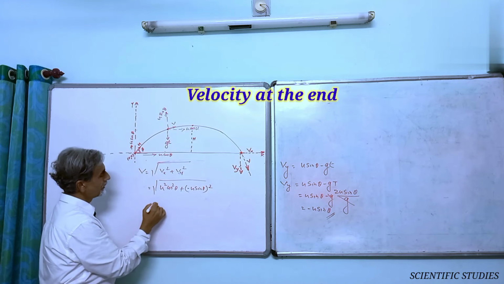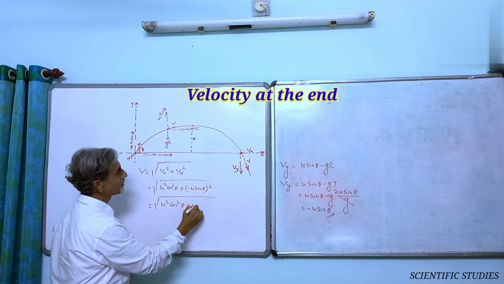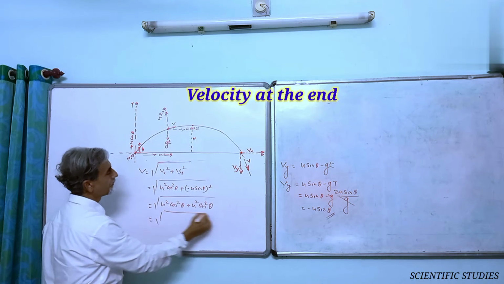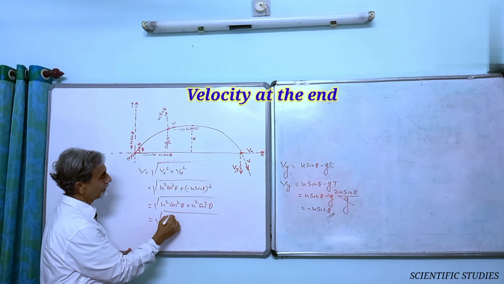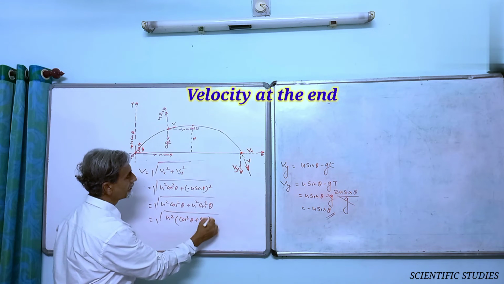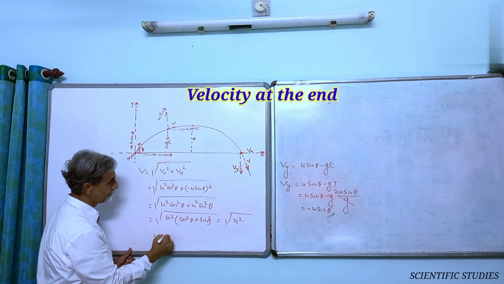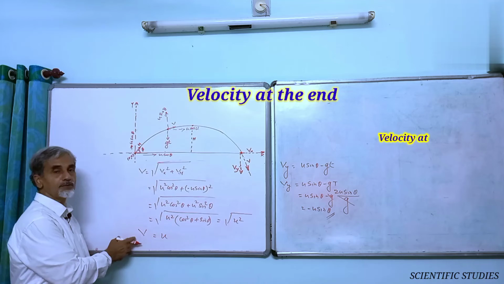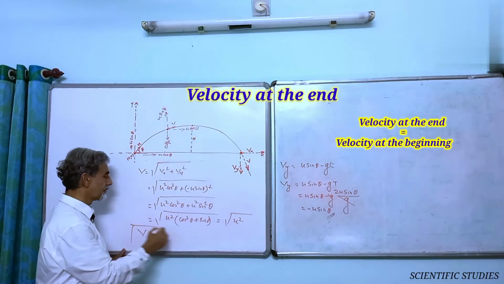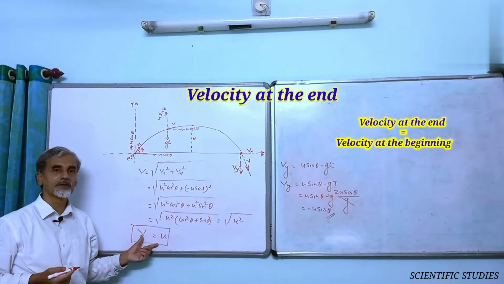That is equal to root of u square cos square theta plus u square sin square theta, that is equal to root of u square into cos square theta plus sin square theta, that is equal to root of u square, that is equal to u. That is, the velocity at the end of the projectile is equal to the velocity at the beginning. Velocity at the end of the projectile is the same as the velocity at the beginning of the projectile in magnitude.